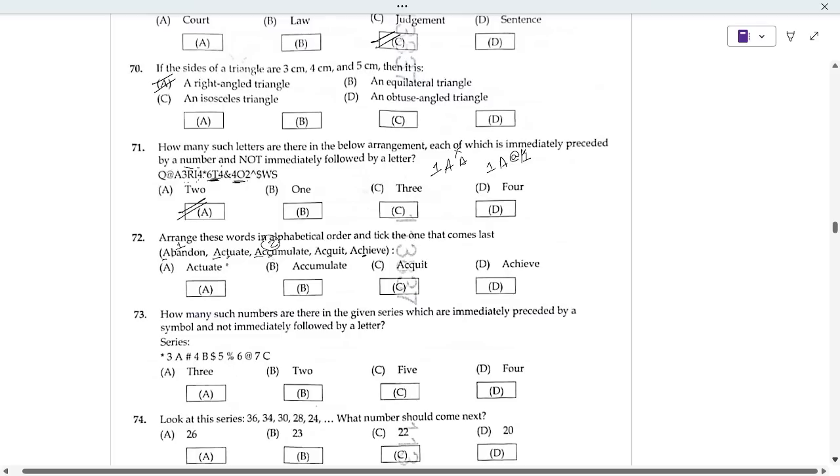So first, second. Now let's check the third and fourth. This one will not be last, because Q comes at the end, after D. No, wait a minute.